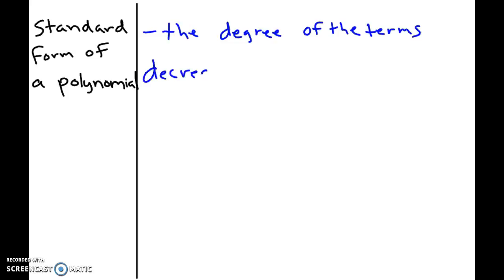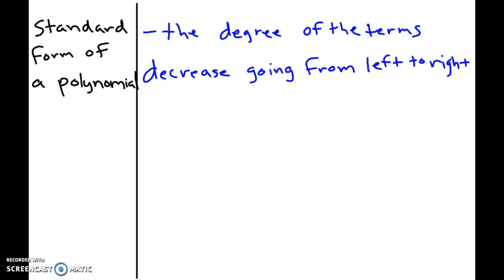The only thing that you need to know about standard form is that the degrees of the terms decrease going from left to right. They decrease going from left to right, and you saw that before.